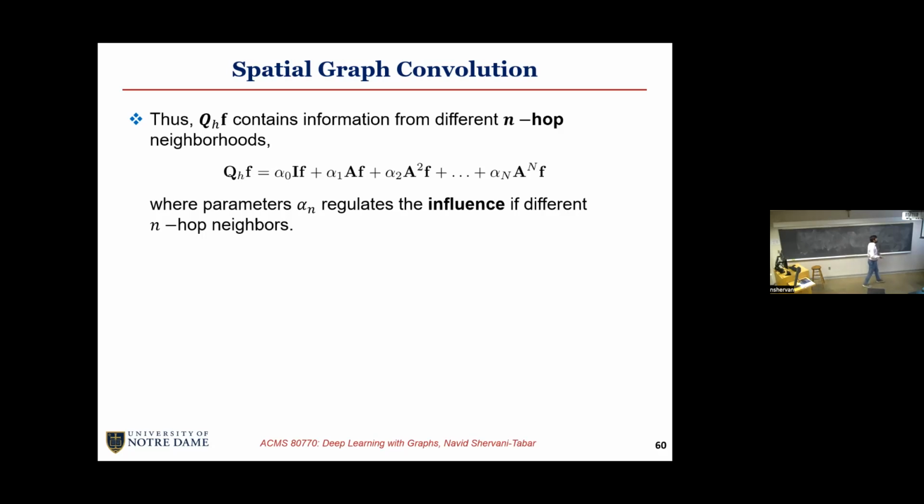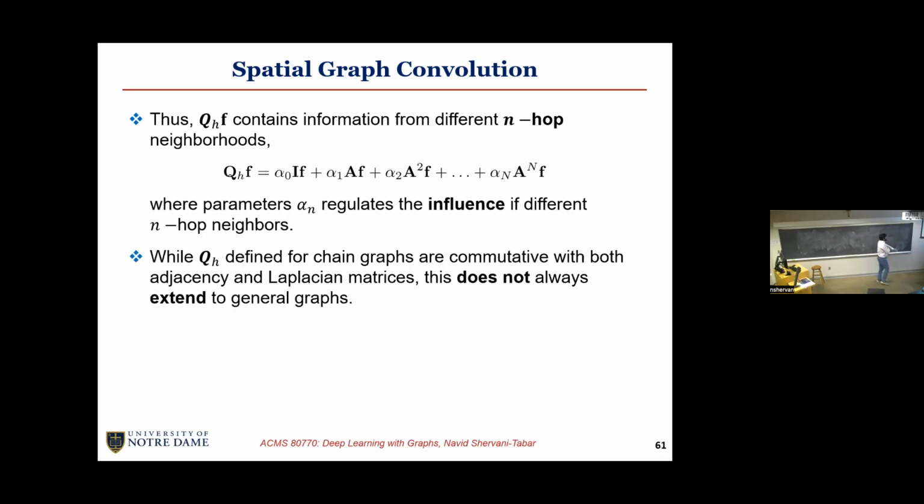When you sum these, you gather all information from different hops up to n hop distance of each node. Then we have hyperparameters alpha that control the influence that each distance has on a given node Vi.